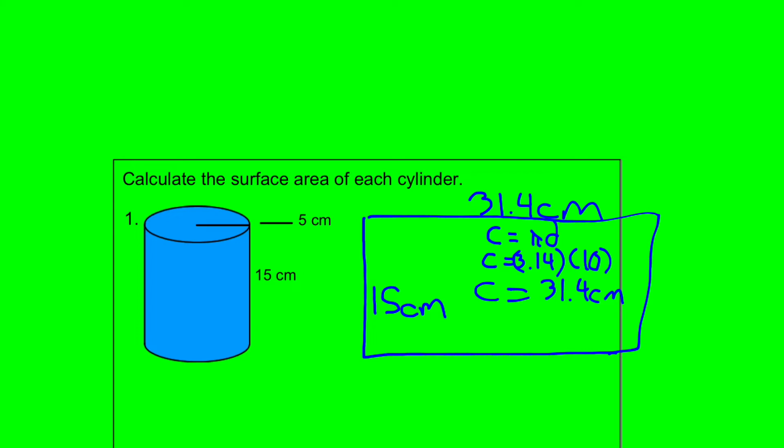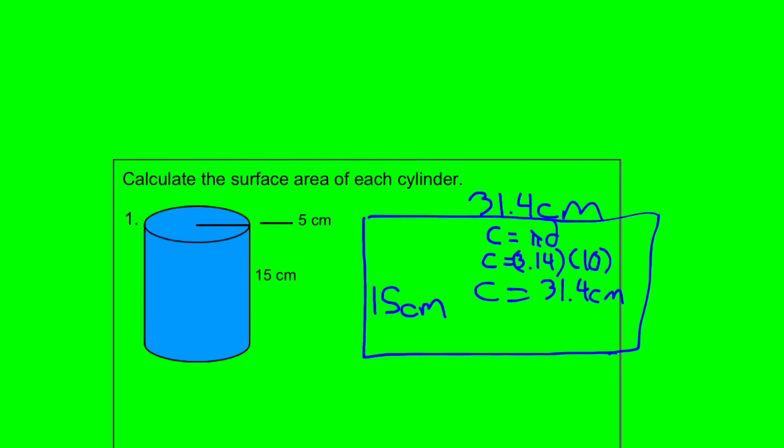Now we have the ability to calculate the area of this rectangle. So let's go and calculate all the parts of this cylinder now to get the total surface area. So I'm going to go to this page, and let's calculate the rectangle first. So I'll write rectangle. And we know the area of a rectangle is area equals length times width. So our rectangle we've determined has length 31.4 centimeters, width 15 centimeters.